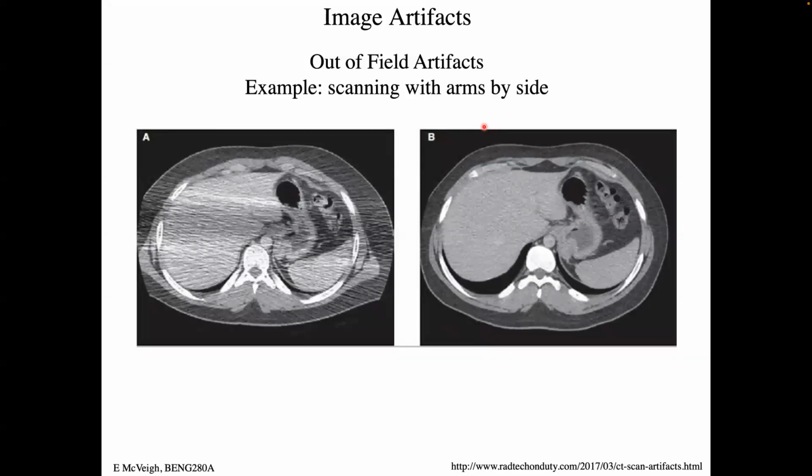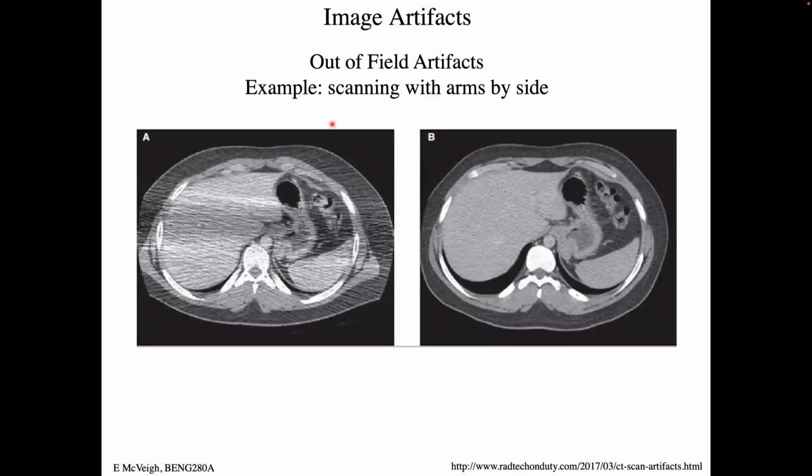Okay, so we'll look at a couple of imaging artifacts. Again, this is along the same lines of two images of the same patient. What happened here is, the image was taken, it came up on the screen, and obviously the tech looked at it and said, oops, that's a bad idea, because we have all of these streak artifacts.